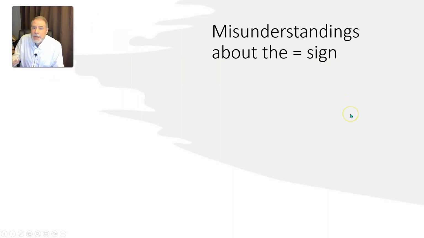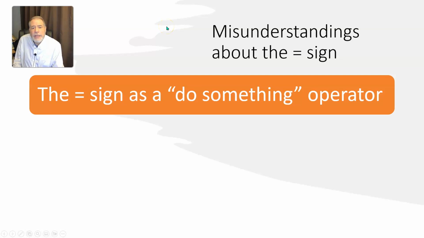And so sometimes people develop misunderstandings about what equations are or about what the equal sign means. One common misunderstanding is to think of the equal sign as a do-something operator. Maybe people get this idea when they're children learning math and they encounter problems like 5 plus 3 equals, and they interpret the equal sign there as saying, okay, now what's the answer?